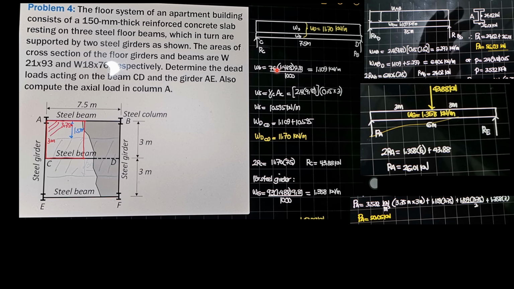So 76 times 1.488 gives kilogram per meter. We multiply further by 9.81 to express the results in newtons per meter, and further divide by 1000 so that the units would be kilonewtons per meter. So it is 1.109 kilonewtons per meter.